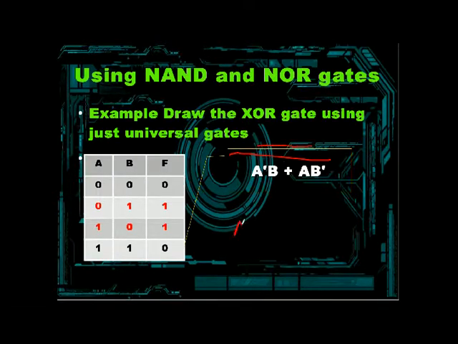I'm going to have A not B complemented, both of those, and this is translated to what? An AND gate with A B not complemented, and this is an AND.